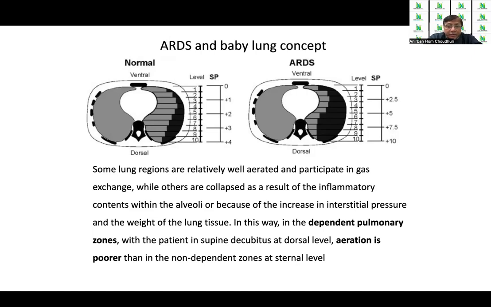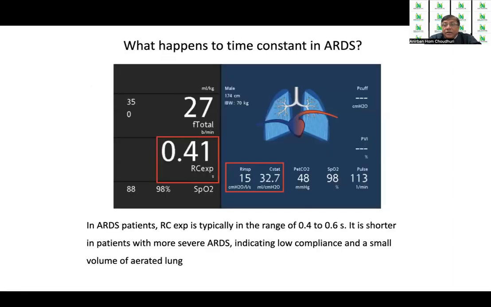We also know that in the dependent pulmonary zones, when the patient is in supine decubitus at the dorsal level, the aeration is poorer, and then in the non-dependent zones at the sternal level. So the effect of gravity and the effect of VQ, the ventilation to perfusion, is a determinant factor in the need of PEEP at different parts of the lung based upon the alveoli.